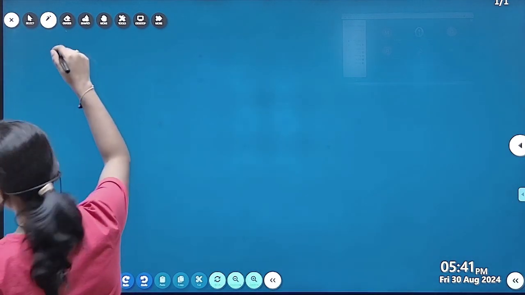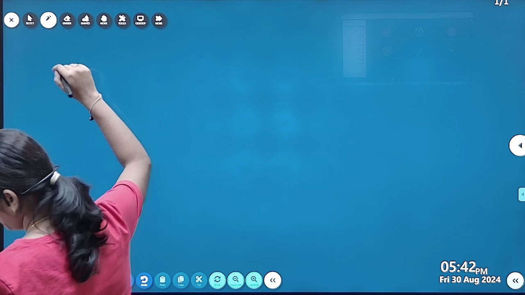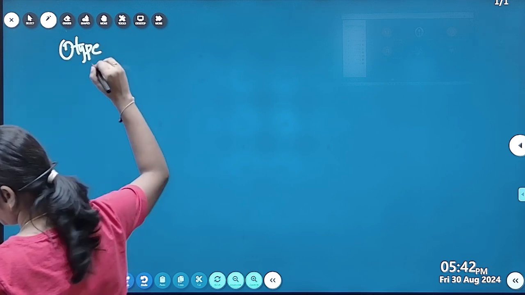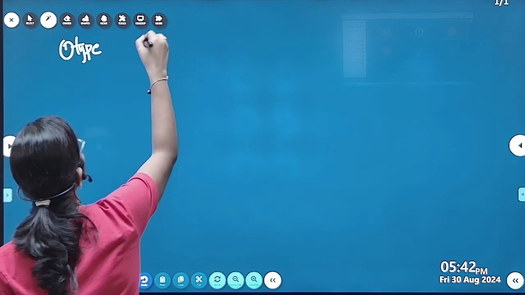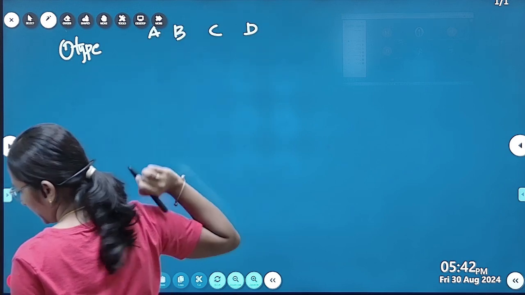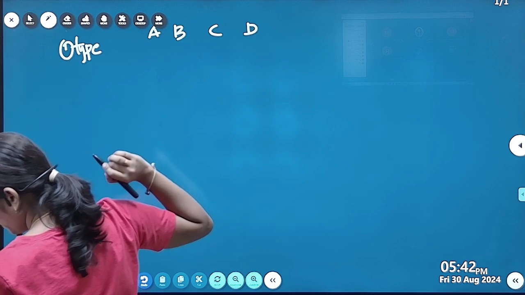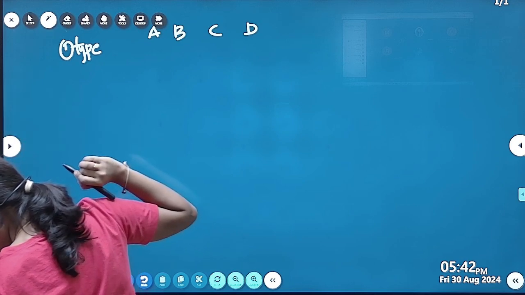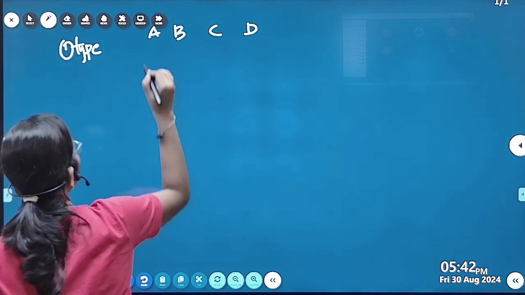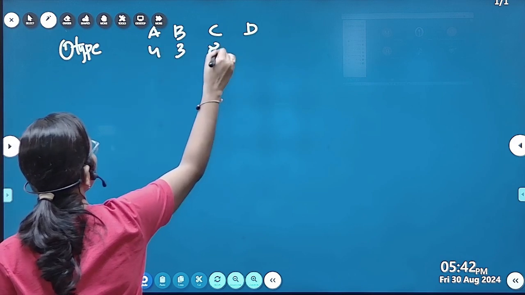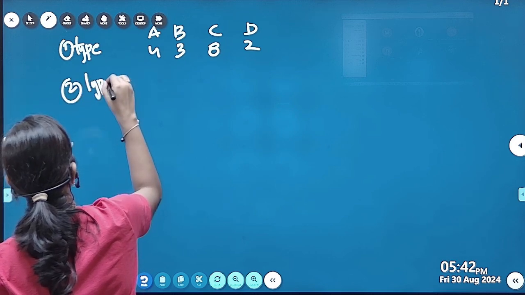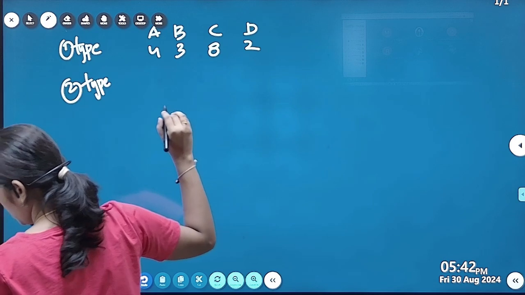So what's the first type of material required for A, B, C, D? 4, 3, 8, 2. The second one: 1, 2, 0, 1.